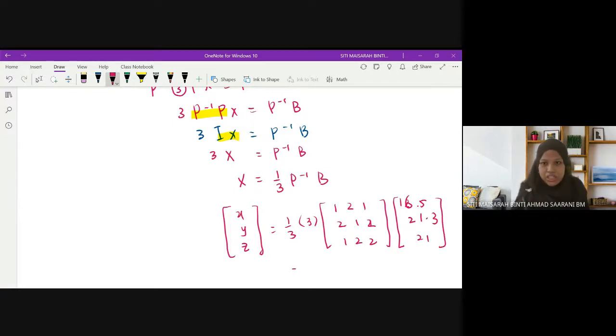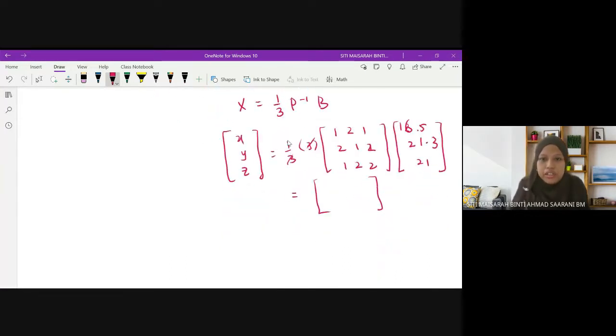Okay, so finally ni awak kira lah. Kira dia dapat satu matrix ni. Dia mesti dapat 3 elemen kat sini lah. 3 elemen column matrix. Okay, boleh kira ni.